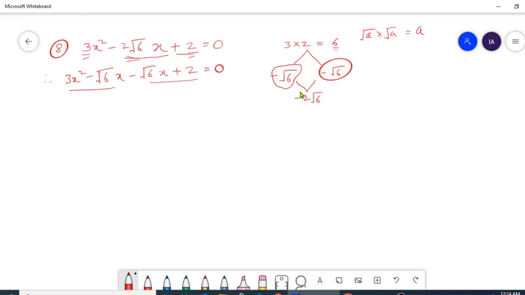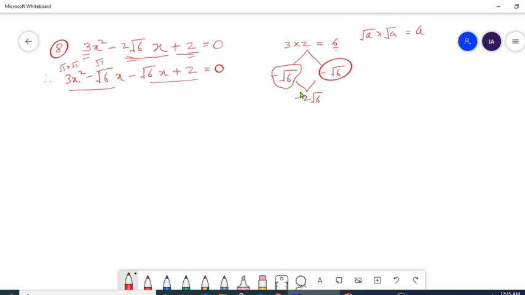What is common in them? In the first pair, as you can see, the first term has coefficient 3. So this 3 is actually root 3 into root 3, and this root 6 is also root 3 and root 2, because root 3 and root 2 together will give you root 6.